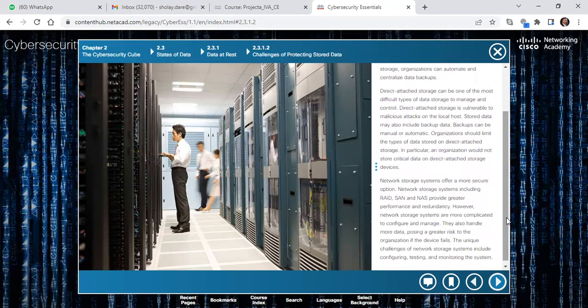So we're going to look at the first one, which is direct attached storage. Direct attached storage can be one of the most difficult types of data storage to manage and control. It is vulnerable to malicious attacks on the local host. Stored data may also include backup data, and backups can be manual or automatic.